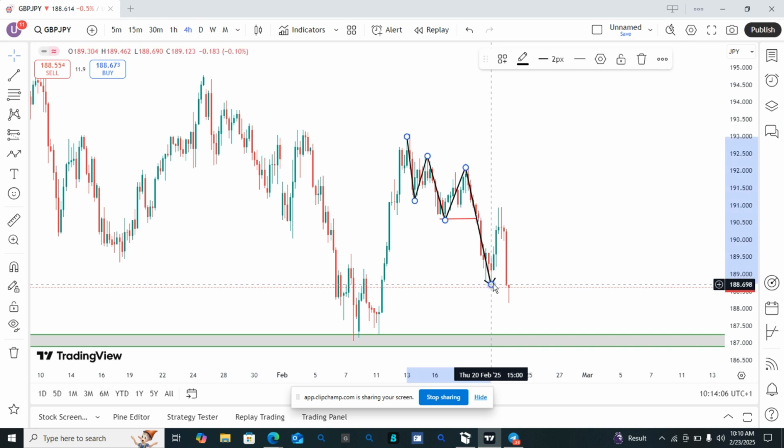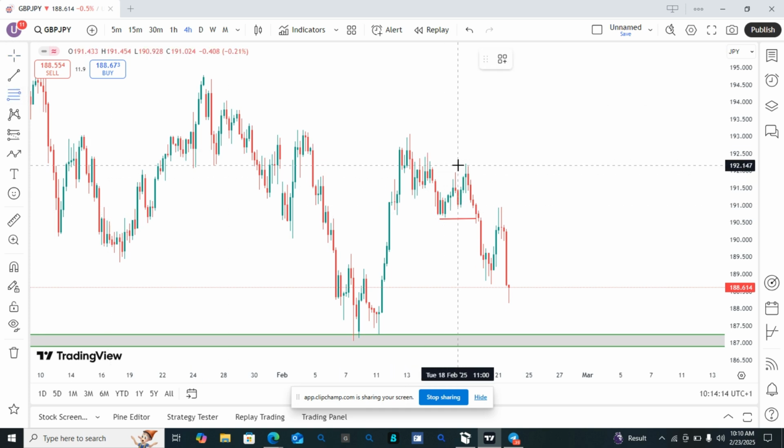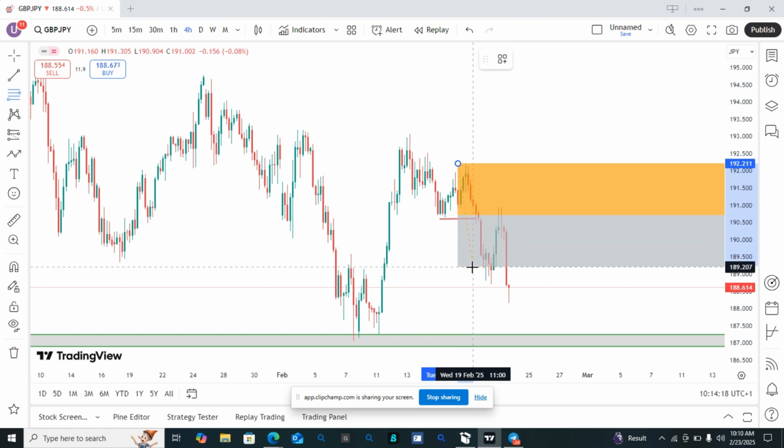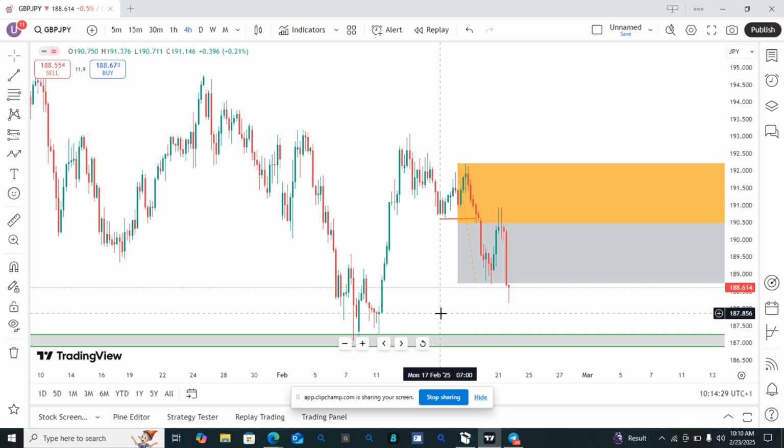I came to this zone and used my Fibonacci tool. You can see my Fibonacci tool, and I put it from this swing high to the swing low. This was the swing low at this zone when the price was at that time. So the essence of using this Fibonacci tool is to show me my discount area.